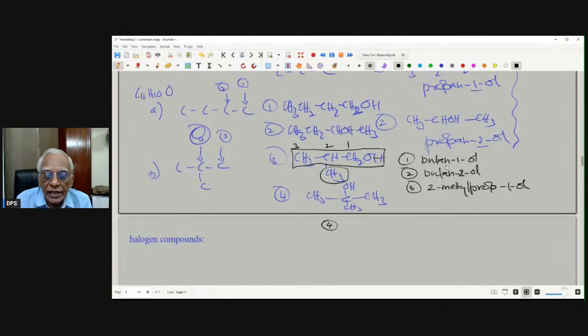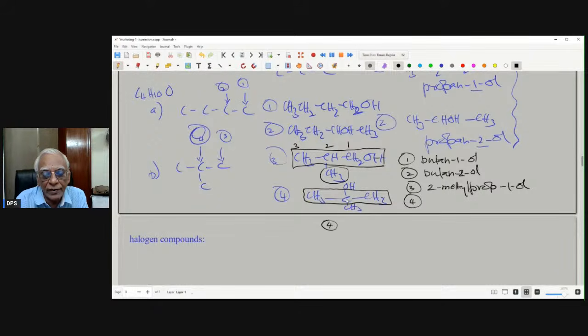In the NCERT, they give you the structure and ask you to identify the isomers. Whereas in the case of the IIT main examination, they give you the IUPAC name, and from that you are asked to identify the chain isomers and the position isomers. We shall see. The longest chain containing the alcohol is 3 carbons, propanol.